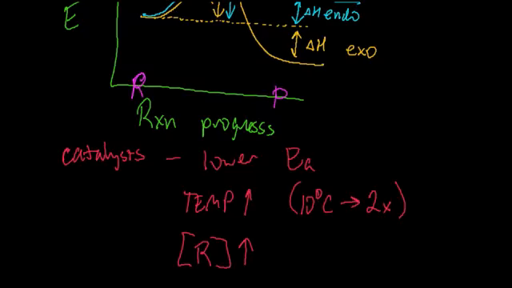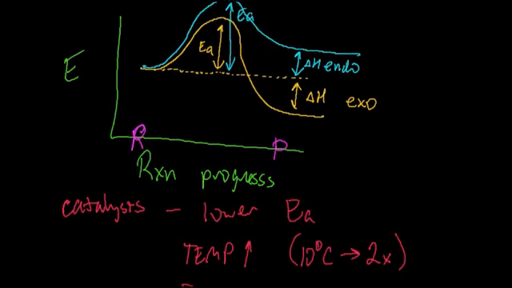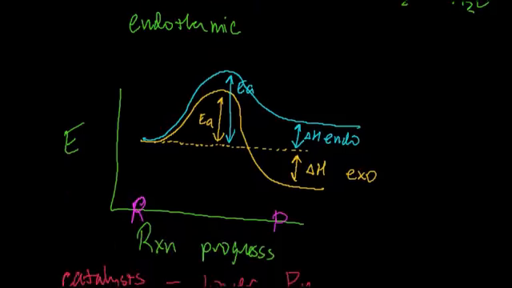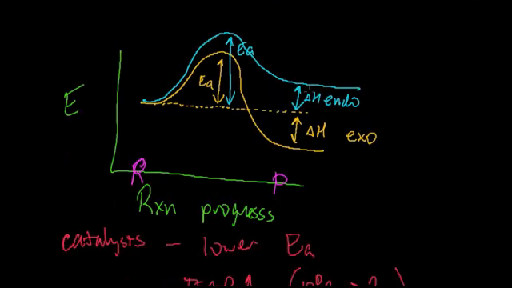Hopefully this lets you see a little bit of what's going on here. I don't expect you to have this down pat, but I'd like you to be able to see the general progression of the reaction and know that if it's ending up higher than when it started, it's got to be endothermic. Energy went into it. And if it has less energy than it did, it's giving off that extra energy as heat.